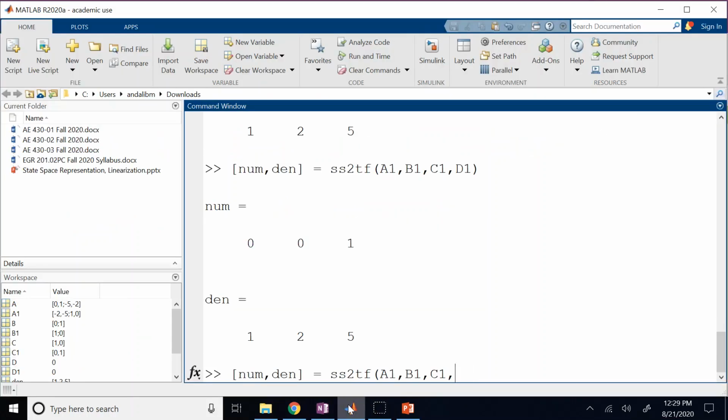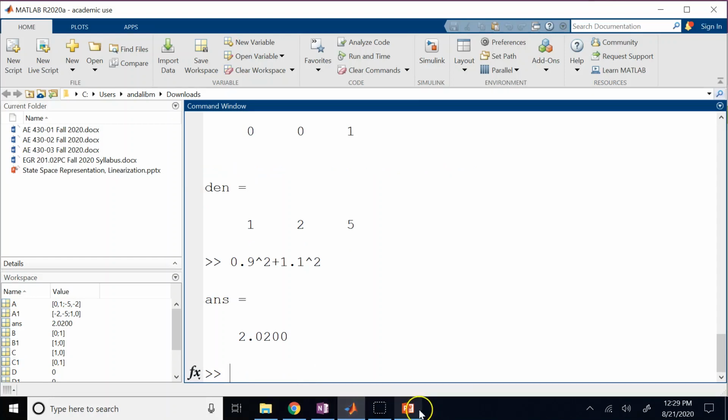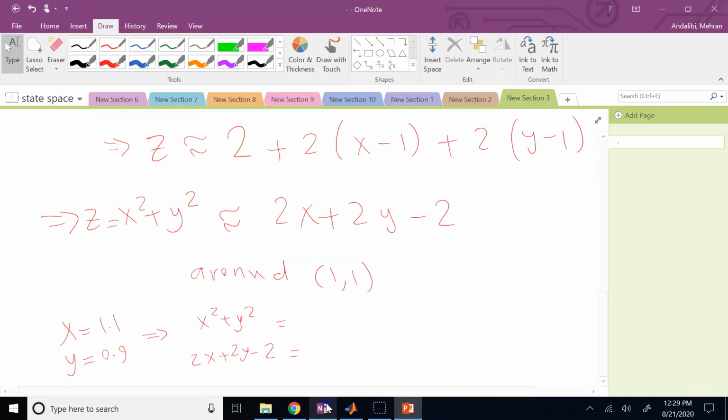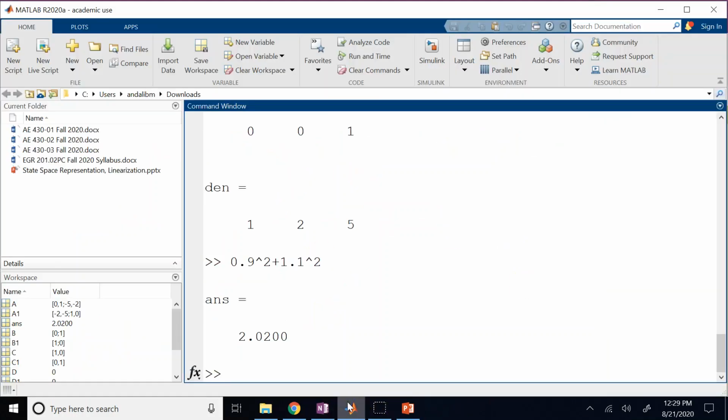So 0.9 squared plus 1.1 squared is 2.02. And then this one is going to be 2.2 plus 1.8 minus 2, so that is 2.